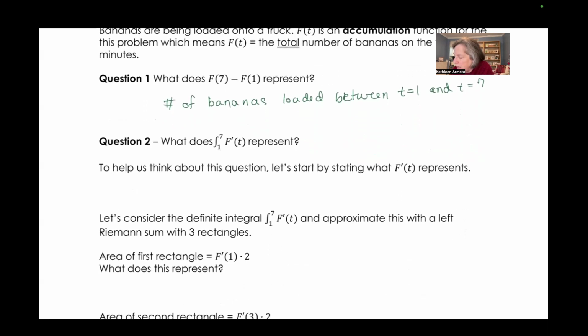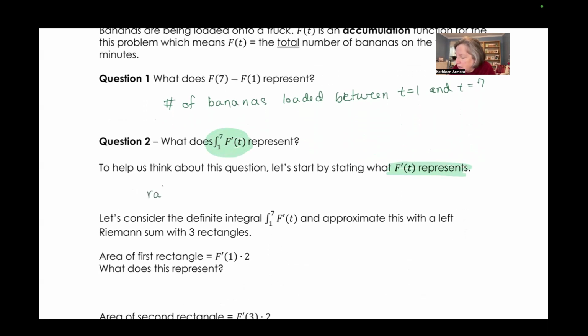Now we want to look at this right here, the integral from 1 to 7 of the derivative of f. I need to think about what f prime of t represents. If f is the number of bananas on the truck at any time, f prime, a derivative of that, is a rate of change.